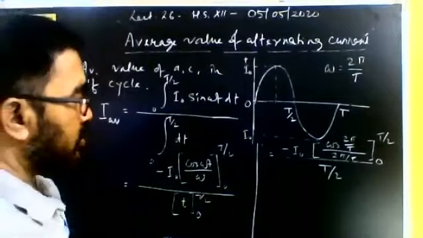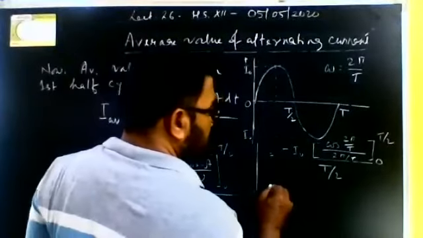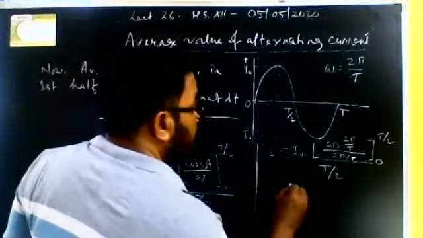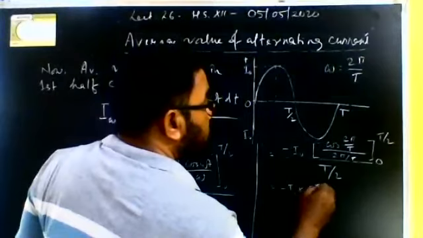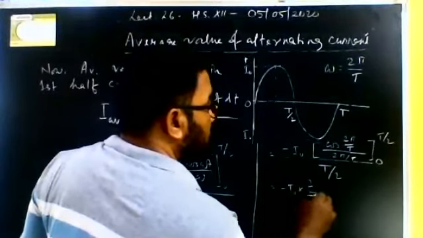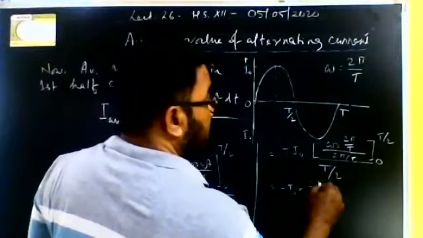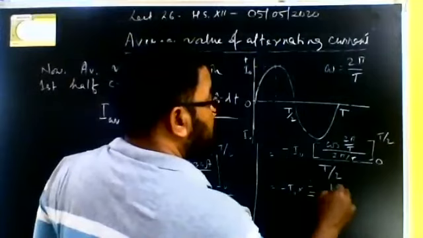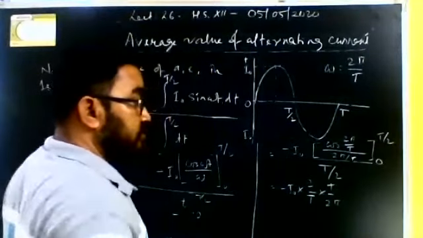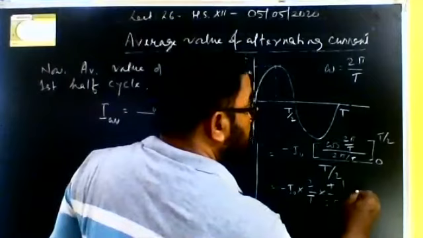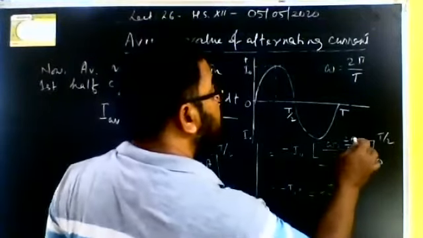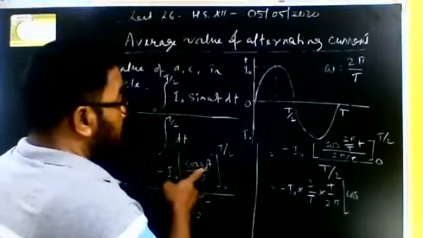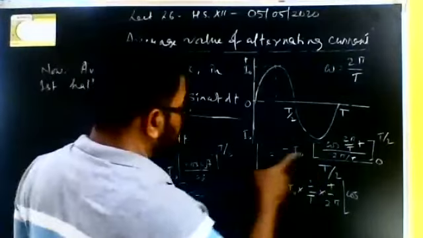This is a constant quantity, so let the constant quantity be taken out: minus I naught, 2 will be the numerator, and T by twice pi will come out. We are putting only the value of omega as twice pi by T. Small t is there.